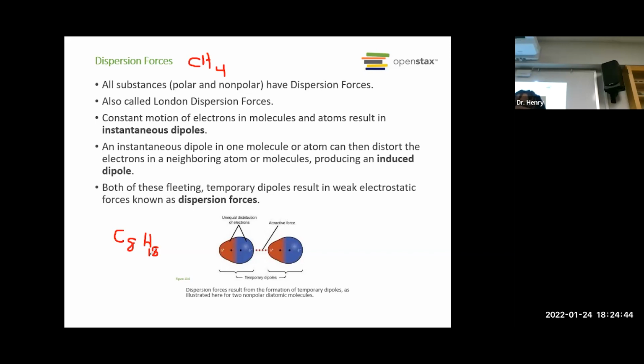That carbon is going to get a slight negative, that hydrogen is going to get a slight positive, and it's going to induce, but it's going to be really weak. You don't have a long chain, right? Whereas in octane, you have 8 carbons all connected together. Because there are so many of them, you have a lot more intermolecular forces, and it causes it to be a liquid, right?